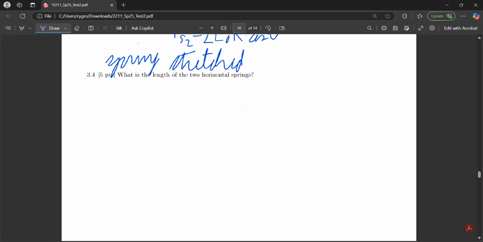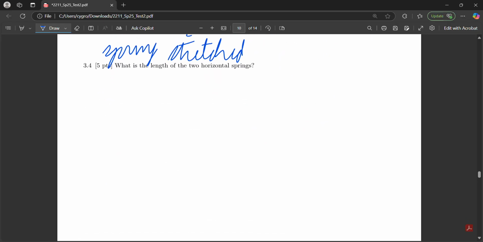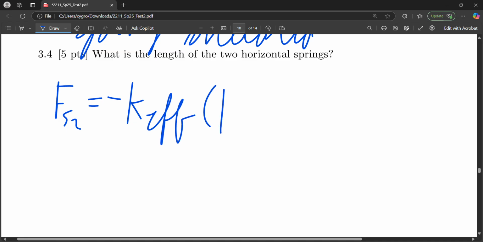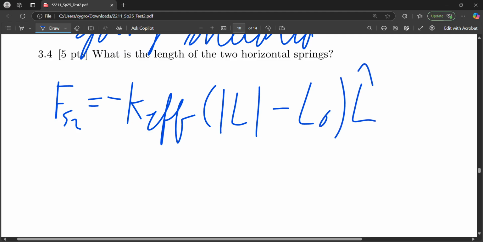Now we have to find out the length of the horizontal springs. So we can reason that the force of spring 2 is going to equal our negative k effective that we found in the first part times the value of L minus L naught times L hat.